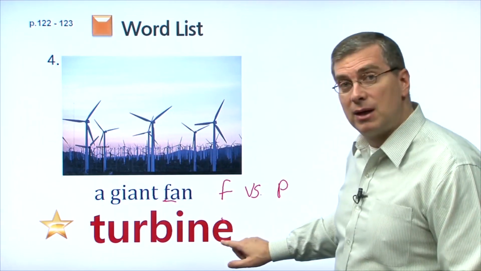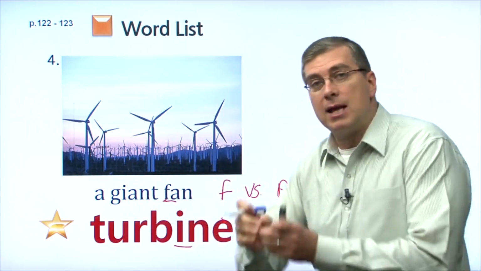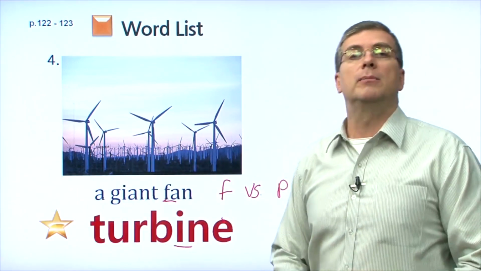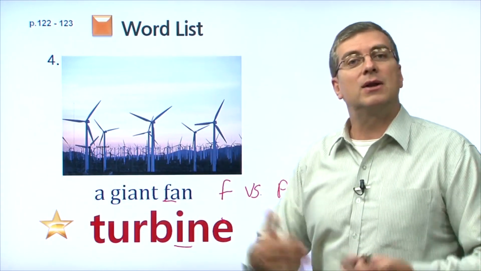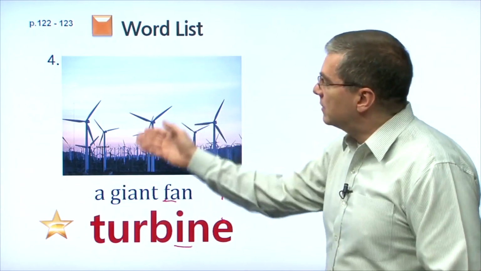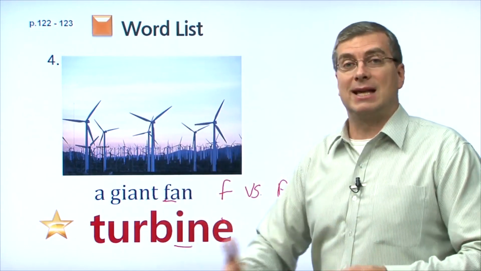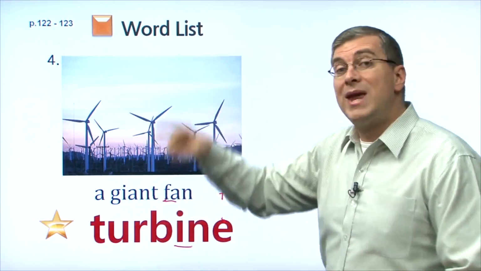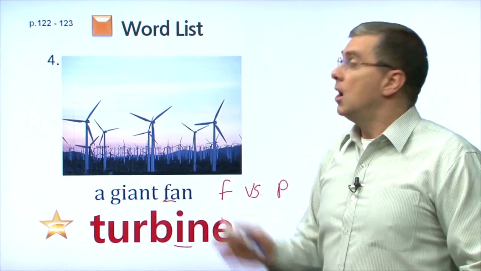But if there's an E, turbine. It makes the I a longer sound. Turbine. Let's practice. Turbine. Turbine. Okay? So these are turbines. They generate, they make electricity. They turn wind energy into electricity. Okay, let's move on.